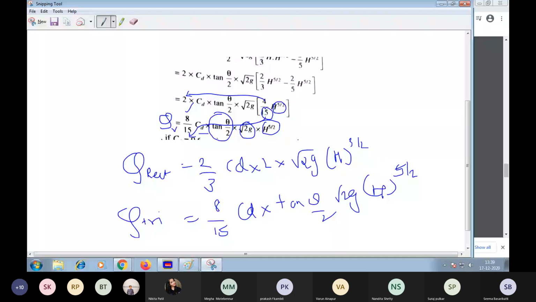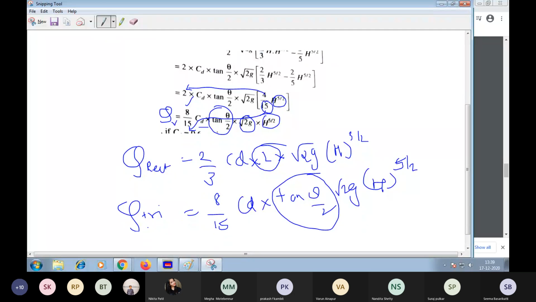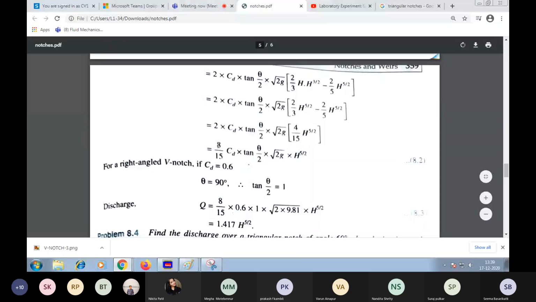So this is the difference. In case of a rectangular notch, you are going to consider the length. In case of a triangular notch, you are going to consider the angle, that is tan theta divided by 2 into square root of 2g into h raised to 5 divided by 2. So this is the discharge equation for a triangular notch.